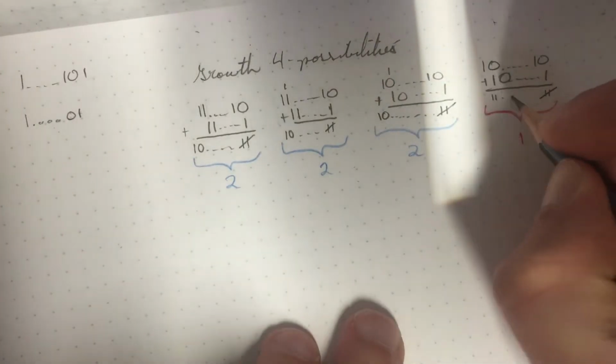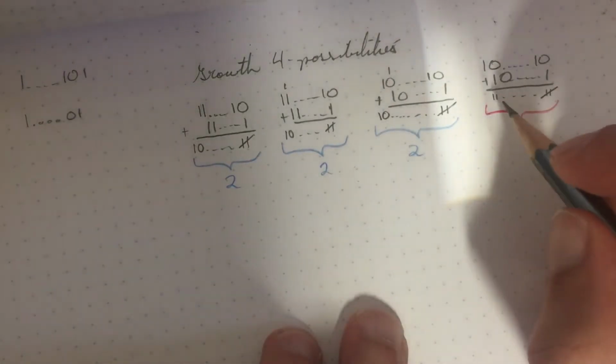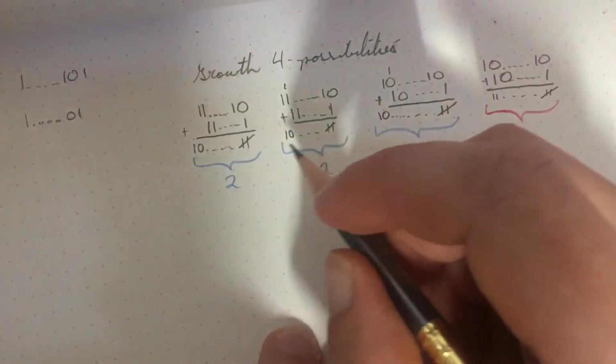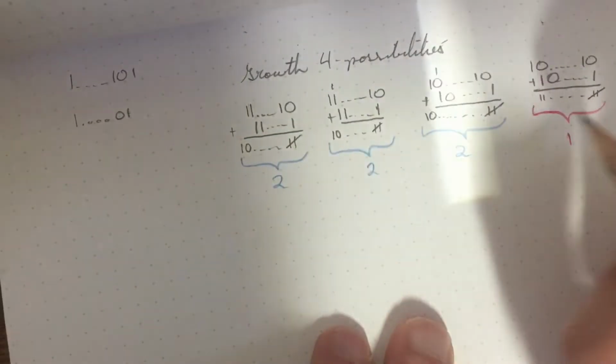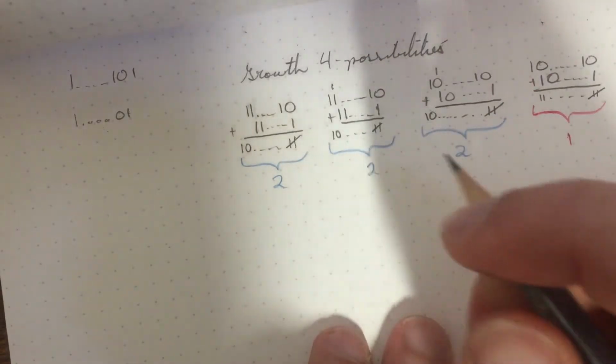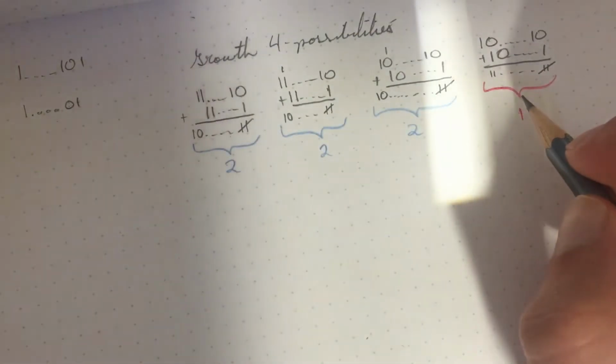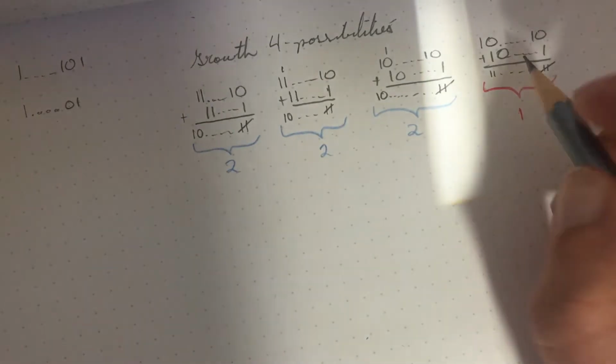And then here we're adding 1 digit, and here we're adding 2. In all of these cases, we're removing 2 digits. But we'll note that this one has 1 fewer total digits, so it must be a smaller number than the previous number.